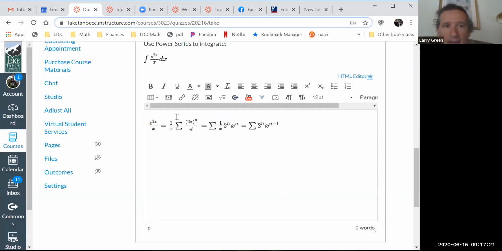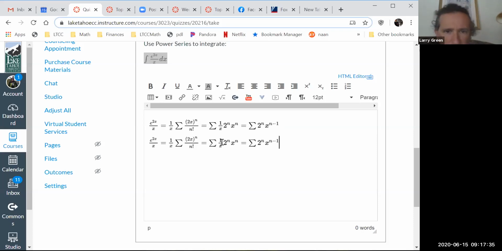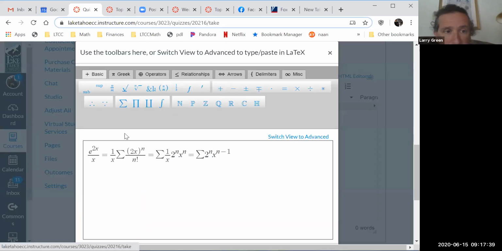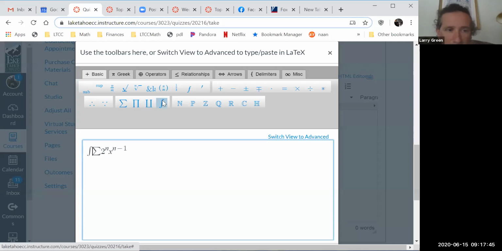Okay, so we now know that. So now we want to integrate. I think I'll copy this one actually, and then adjust. So we want to integrate that guy.